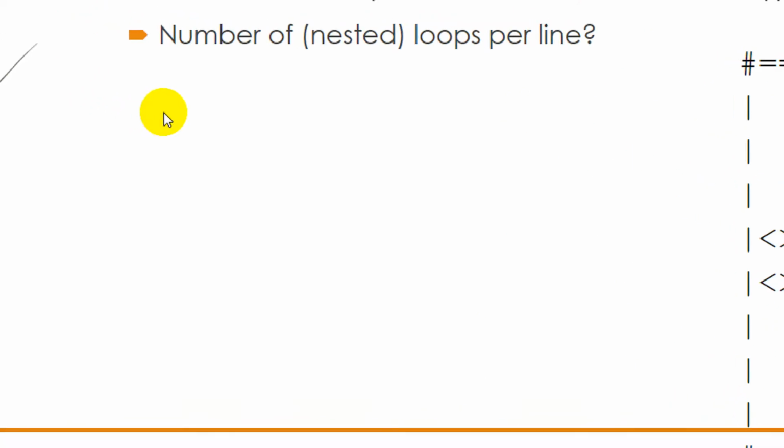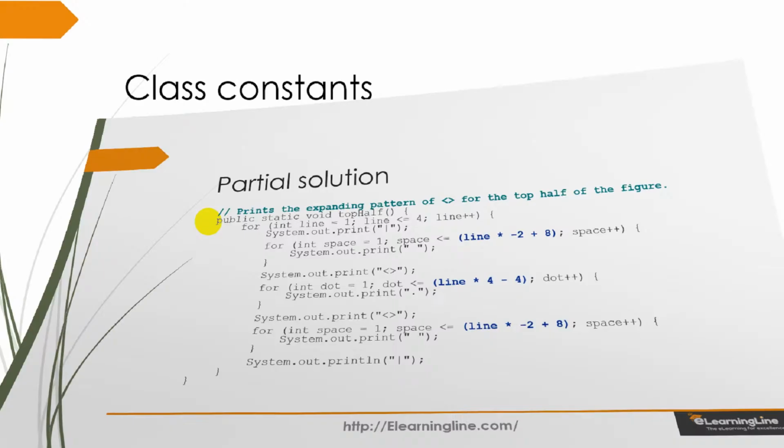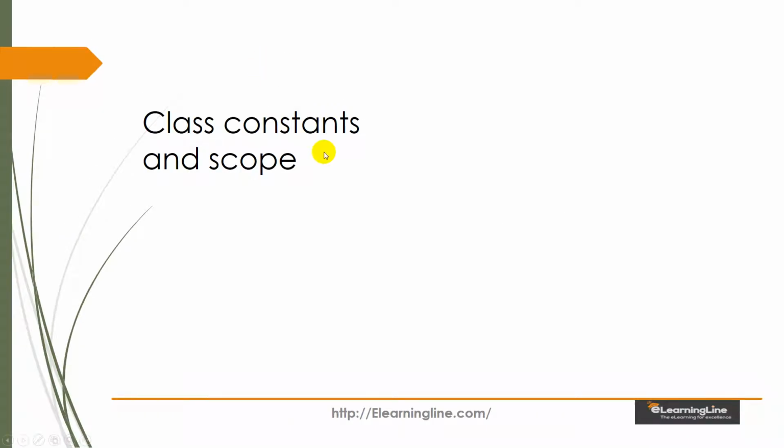Okay, let's continue. Class constants and scope. What is a class constant? What is a constant first of all? The number of days, 7. Your age, it's not constant, it can keep changing.